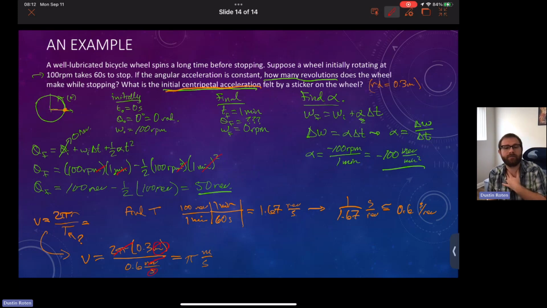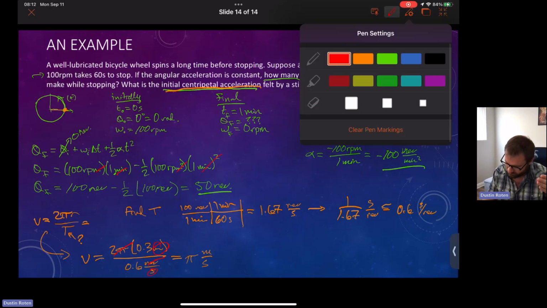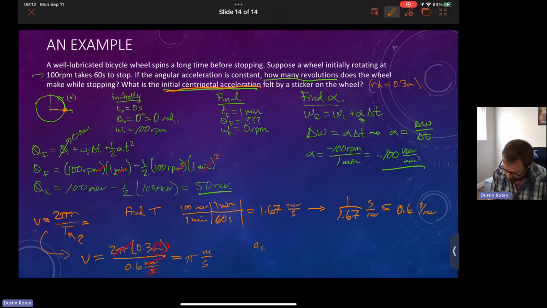Well, that's neat that we have a velocity of about 3.14159. We have that velocity. Now let's just do a quick calculation of the centripetal acceleration, which is v squared over r. Okay, so this is just going to be pi meters per second, because that's our velocity. But it's squared, right? So it's pi squared times meters squared per second squared.